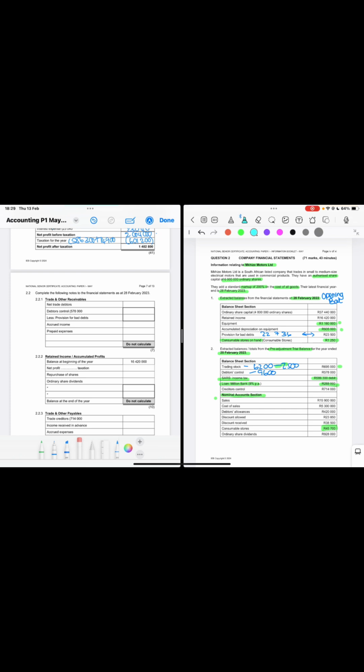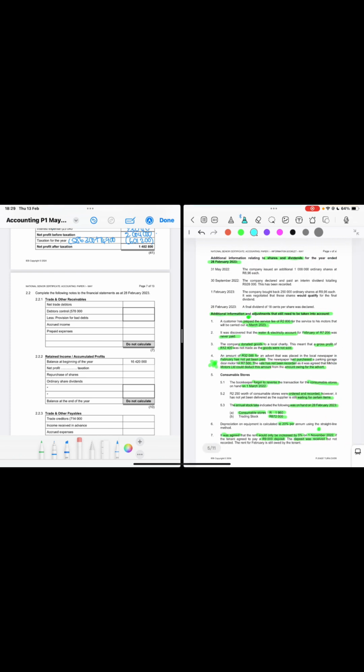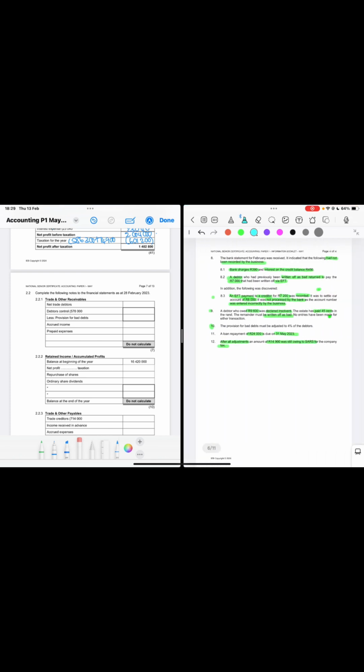So for debtors control, we started off with a balance of 578,000, pre-adjustment. And then we had an adjustment to that when we had to write off a debtor. A debtor who owed 9,600 was declared insolvent, so we had to write them off.